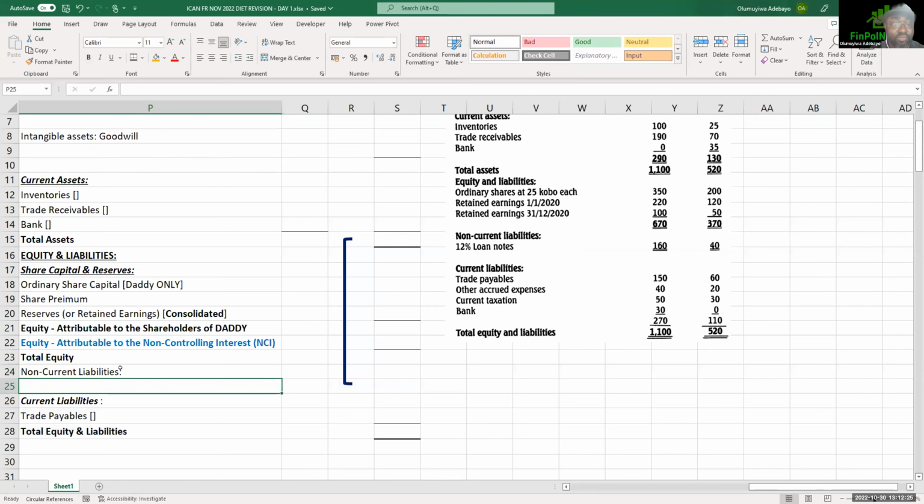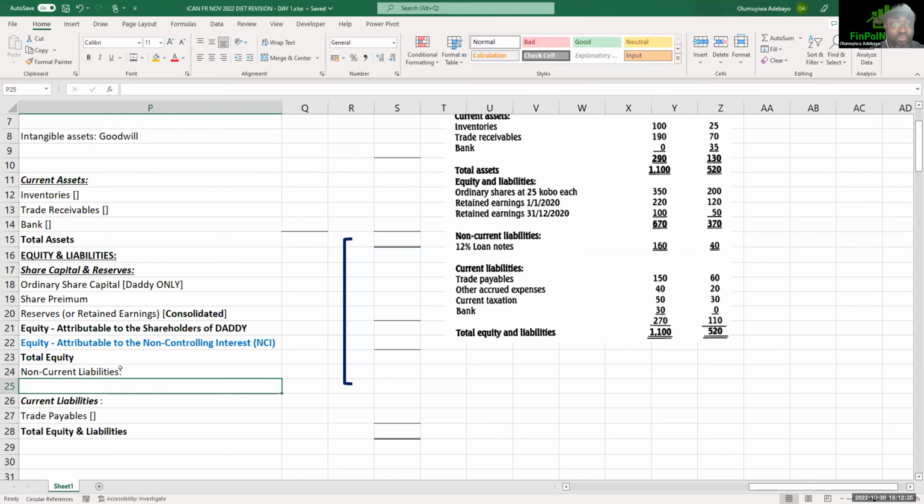Trade payable, I have 150.60. Other accrued expenses, 40.20. Current tax payable, 50.30. Overdraft, 30.0. Therefore, we've added that information now.